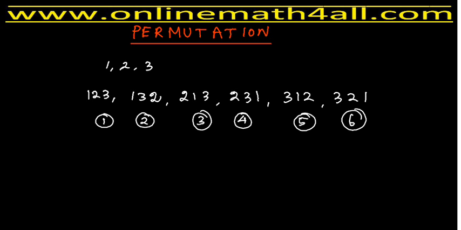Since we have only three digits, we are able to find how many three-digit numbers can be formed by using the three different digits. We can do this calculation manually.